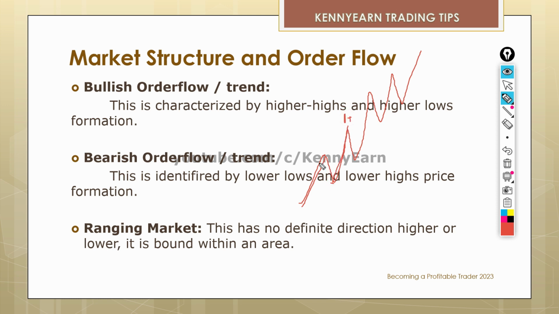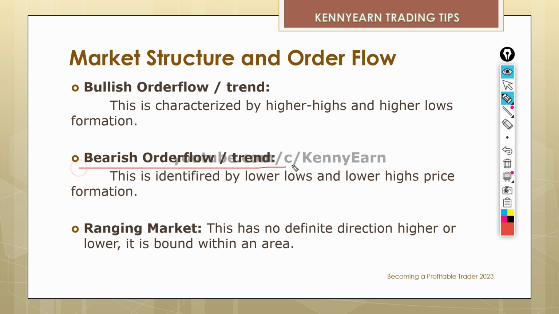That means this high is higher than this one, and then it trades down, makes a higher low, and then it goes up again, makes a higher high. So this is the pattern the market usually moves with, higher highs and higher lows, and that is called a bullish order flow or a bullish market structure or trend.